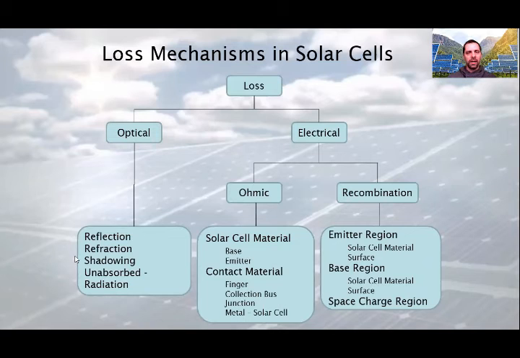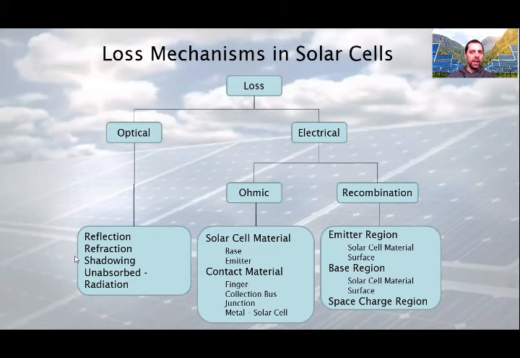We always compare the different cells by their efficiencies. But what are the losses which degrade the output values of the system? We will check these ones. As you see, the losses can be categorized into optical and electrical losses. Both of them can be further subcategorized. Let's start with the right side.